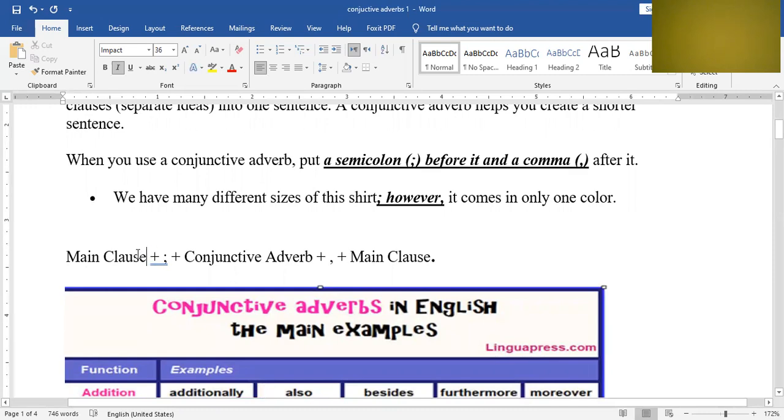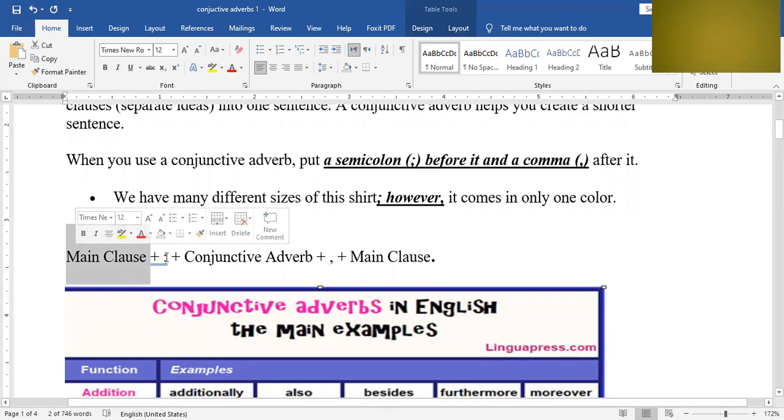We start with a main clause, number one, plus a semicolon after the main clause and before the conjunctive adverb. After the conjunctive adverb, we have a comma and the second main clause.